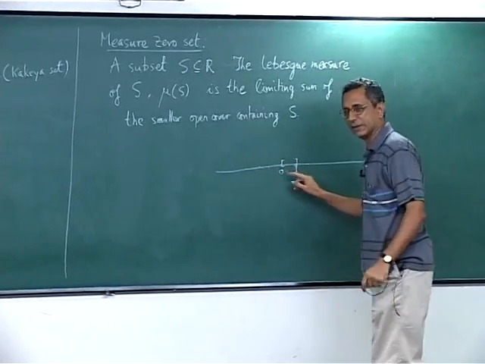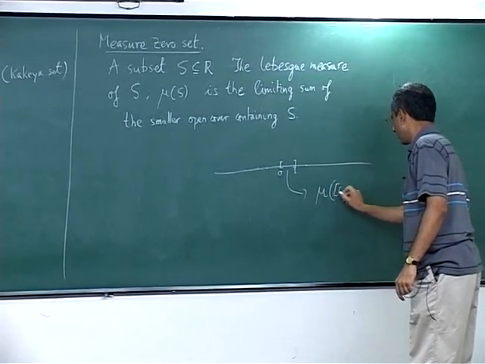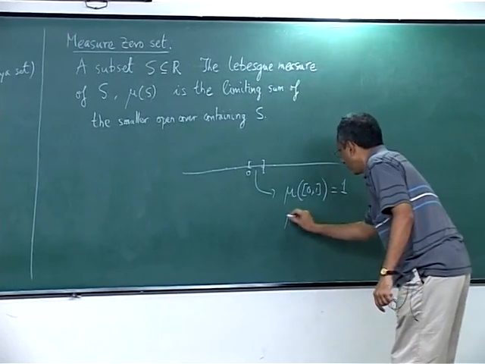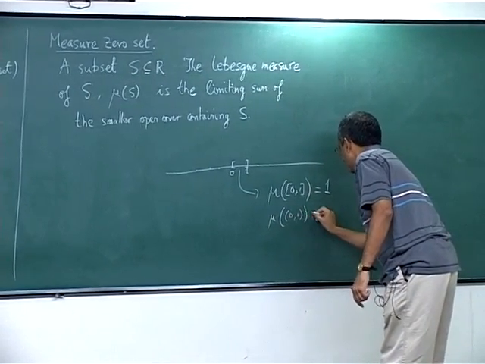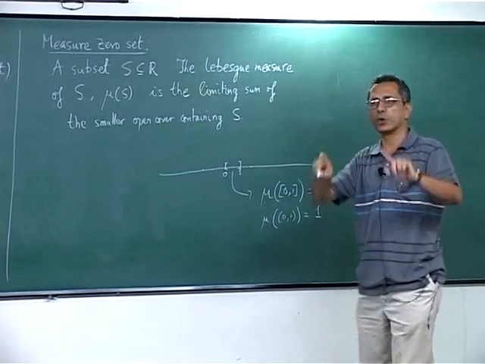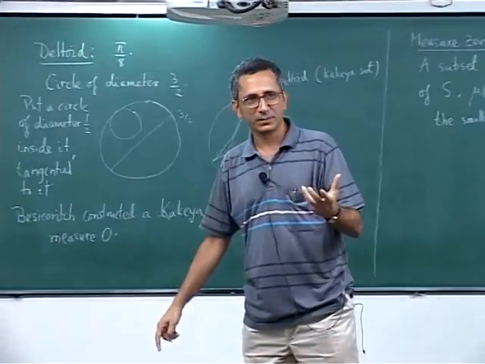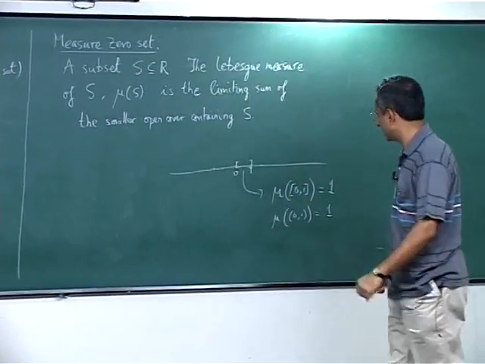That is the length of the interval. So mu of the interval 0, 1 is 1. What should be mu of the open interval 0, 1? That is also 1, because throwing away the two endpoints shouldn't make any difference to the length of the interval. If you throw away a finite number of points, it shouldn't make any difference.